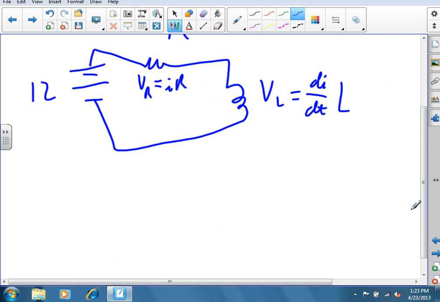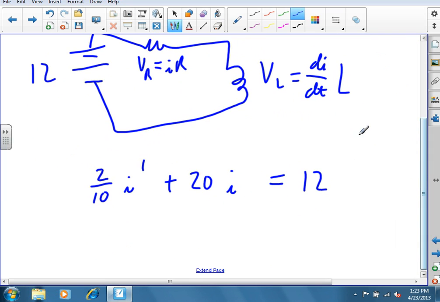And that guy's 12. So, that being the case, I have 2 tenths I prime plus 20 I is equal to 12, and that I of 0 is equal to 3.